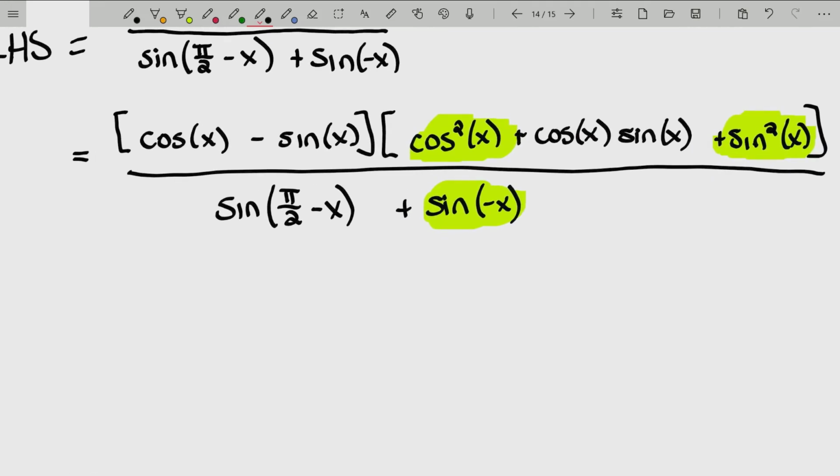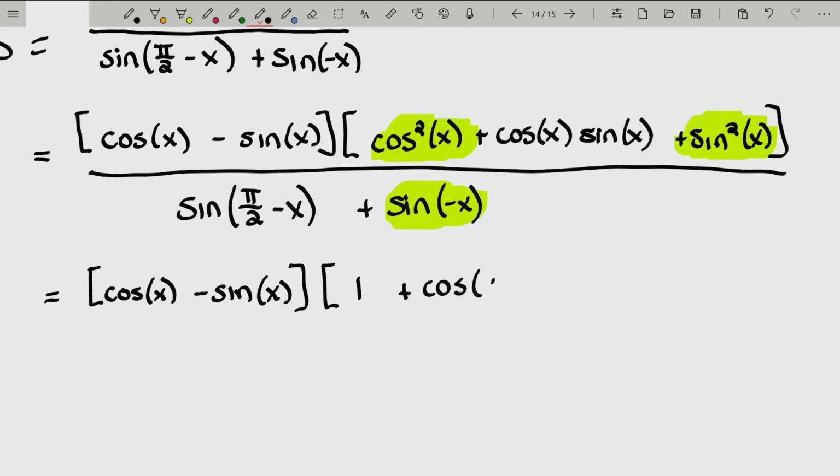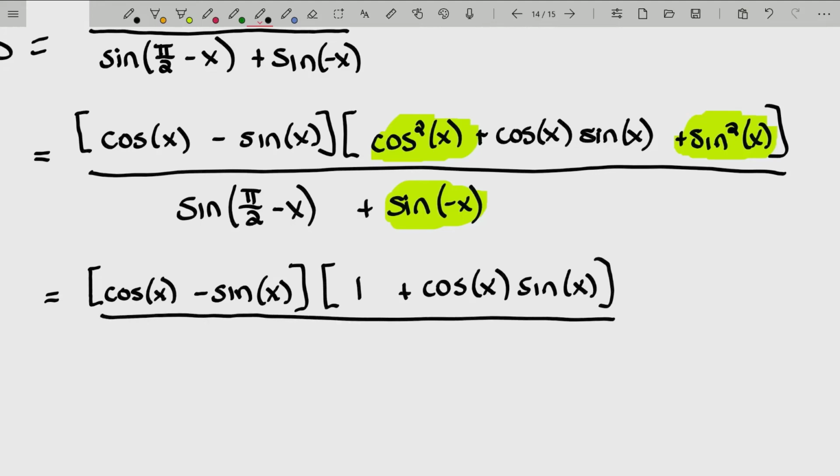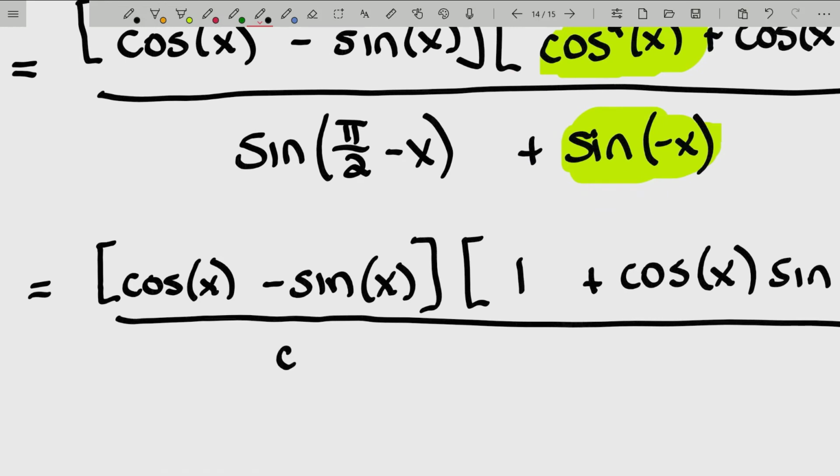So again, in the numerator, I'm just going to rewrite that cosine minus sine. So cosine of x minus sine, again, of x. Don't forget to write those of x's. Times cosine squared plus sine squared is 1, plus cosine of x sine of x. And like we said, in the denominator, the sine of pi over 2 minus x is a cofunction identity for the cosine of x.